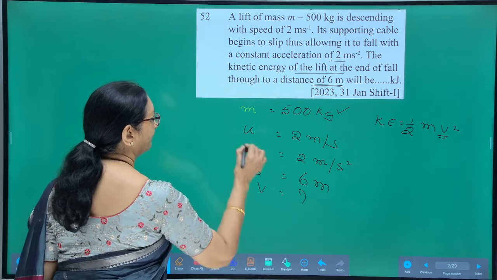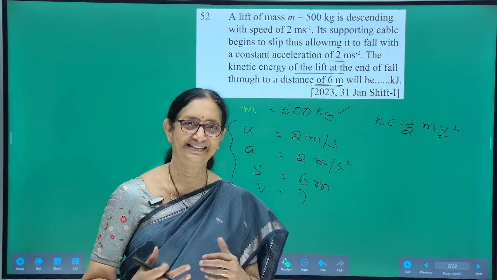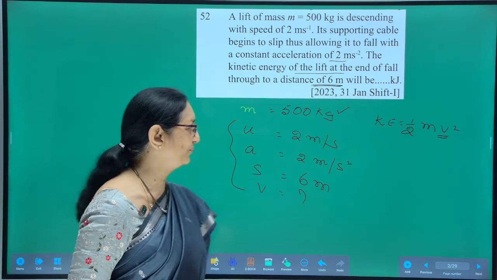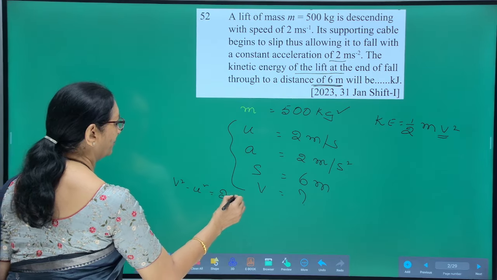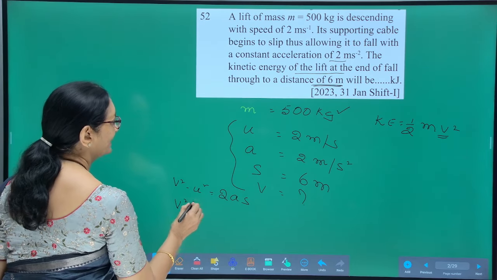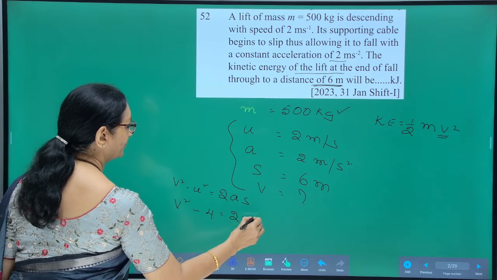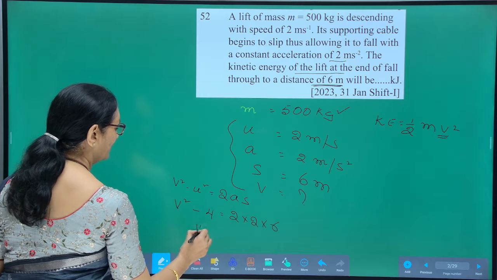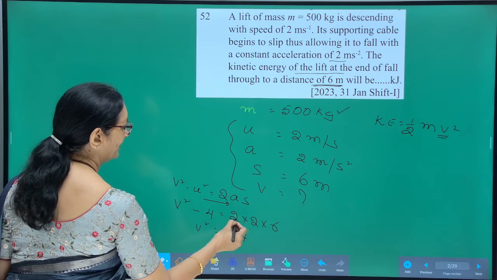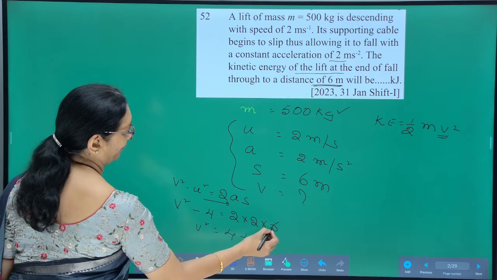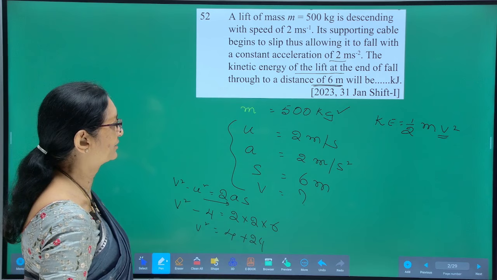What equation connects them? Yes, v square minus u square is 2as. Here u square is 4, so v square minus 4 is equal to 2as. Bringing this to the other side, v square is 4 plus 2 into 2 into 6, which is 24. So 24 plus 4, v square is 28.